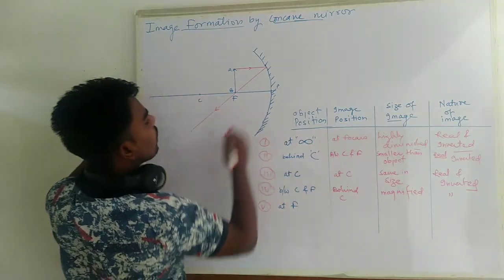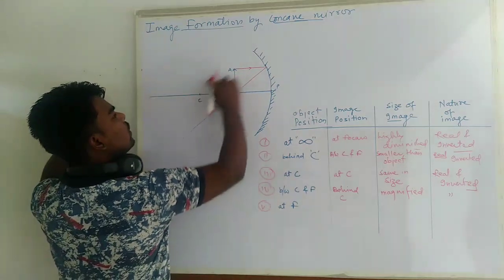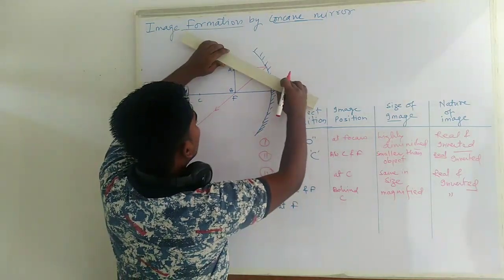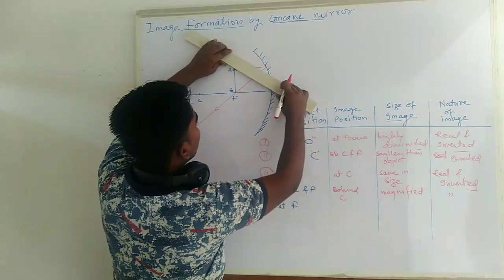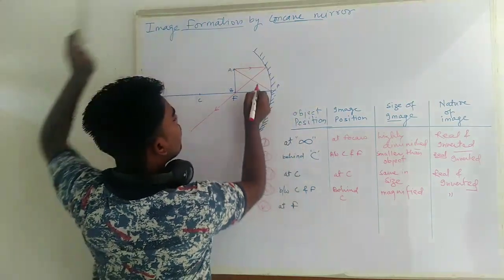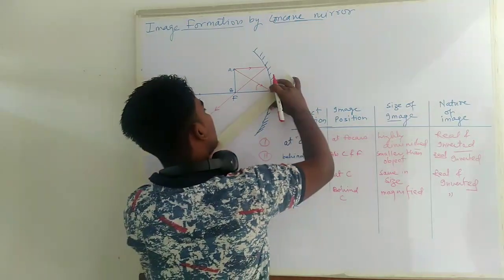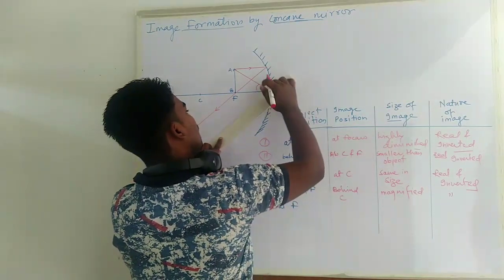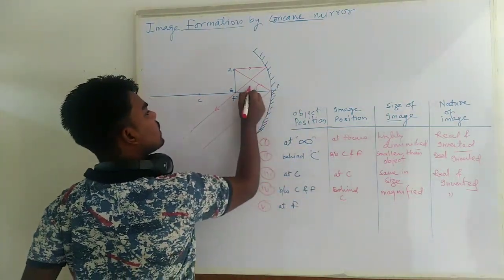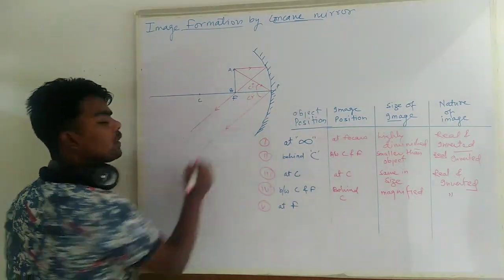Second, you can take on the pole directly, or you can take from here also like this. But I am going to take from the pole. If this light ray is incident on this, this is the incident ray. It will subtend a certain angle. Same angle we will draw on the opposite side. This is the incidence angle, this is the reflected angle, both will be equal, and this will become a reflected light ray.